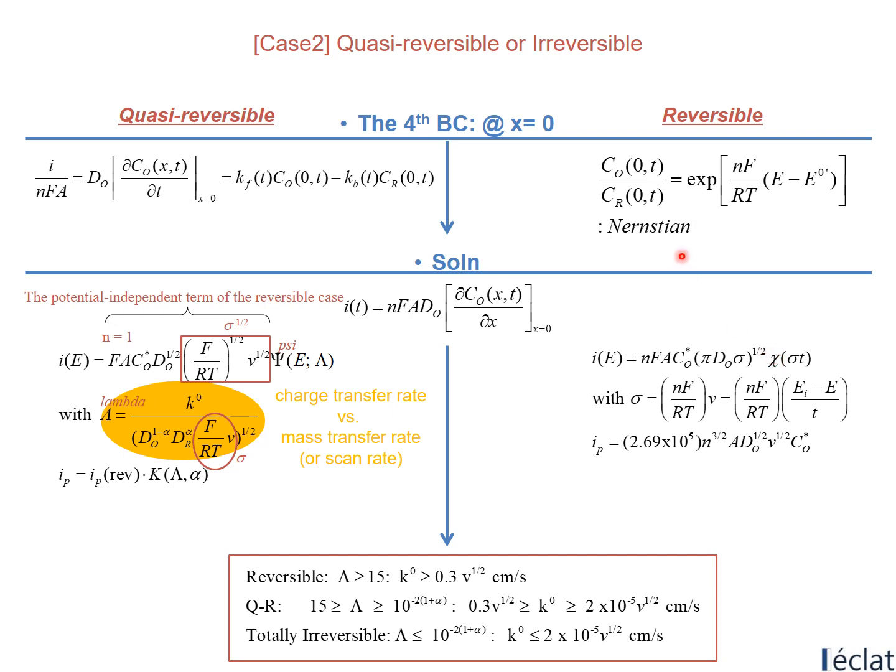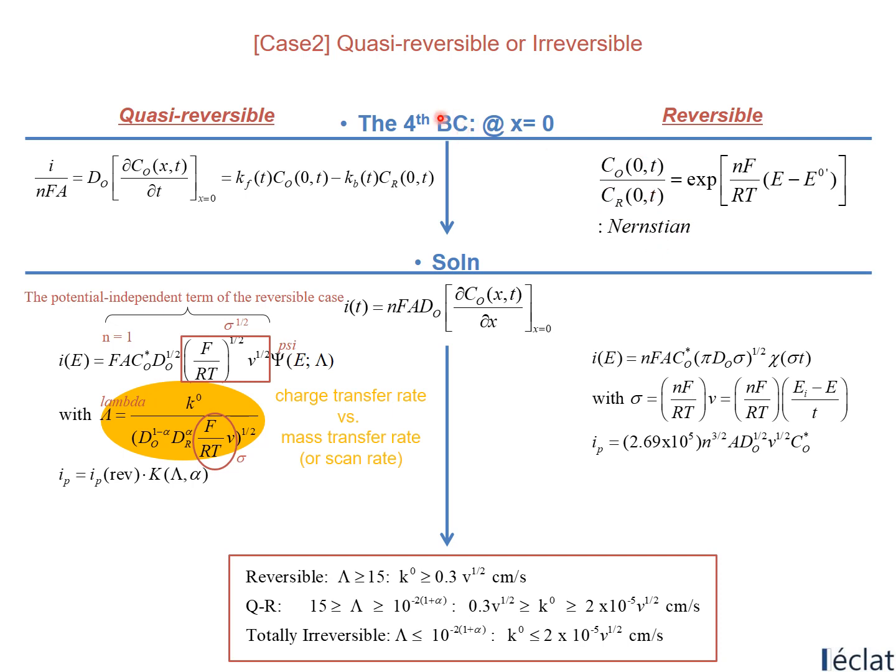Then how about the quasi-reversible or irreversible reactions? For the quasi-reversible reactions, or if you have slower charge transfer Faradaic reactions relative to the diffusion rate, then you cannot use the Nernst equation for the boundary condition.